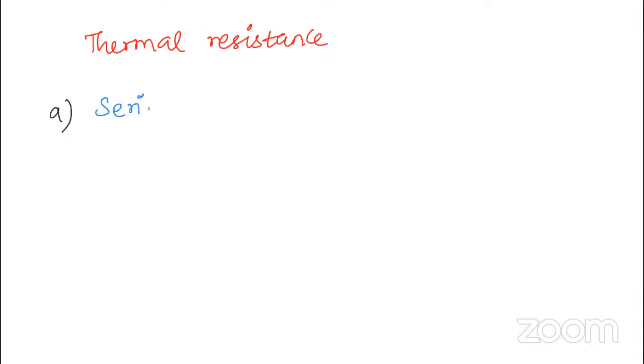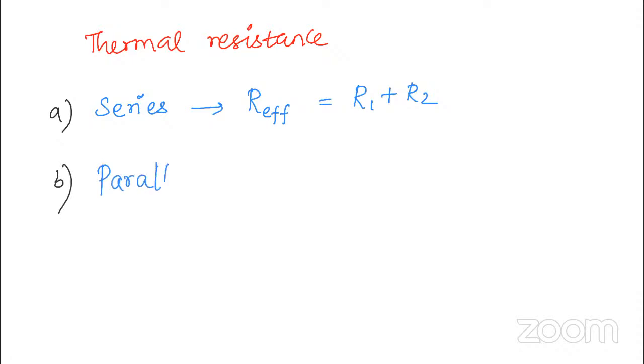Okay, series la we have to calculate the value அப்படினா effective value, it should be equal to add பண்ணிக்கணும், ரெண்டையும் R1 plus R2. இதுவே parallel connectionsலயா இருந்தது அப்படினா, it is our effective value calculate பண்றதோட formula, it is R1 into R2 divided by R1 plus R2.